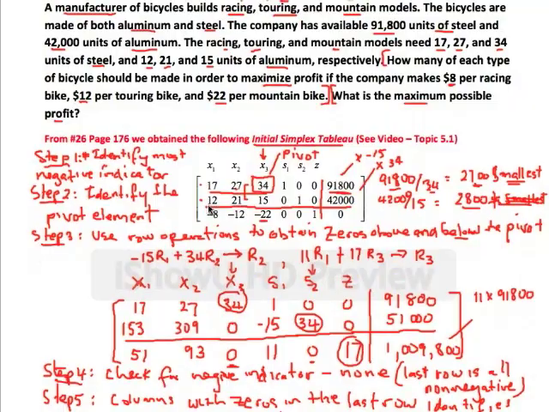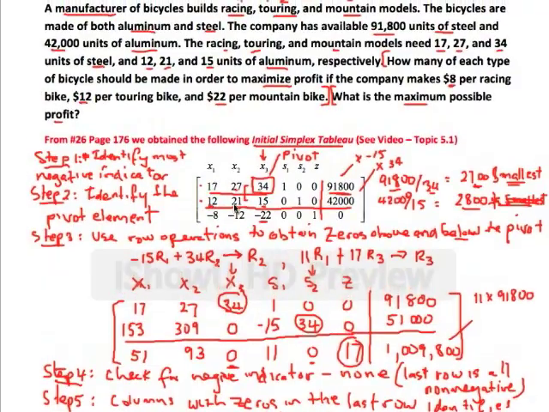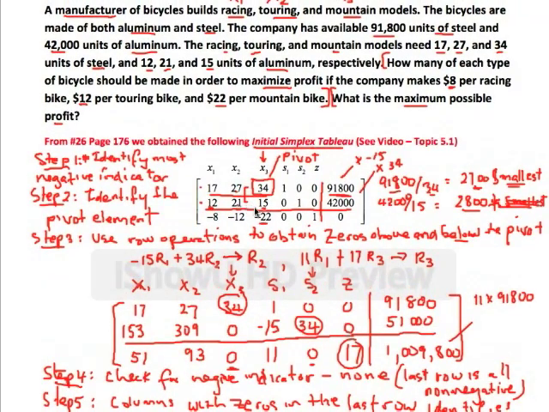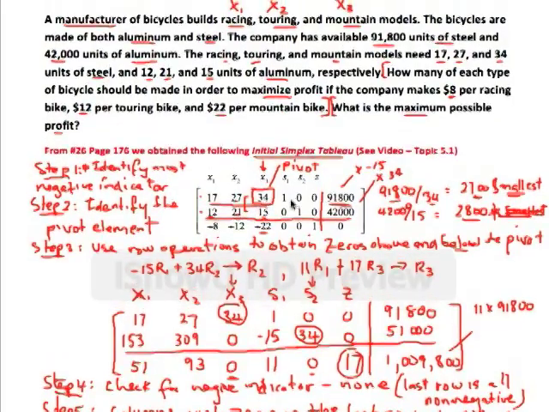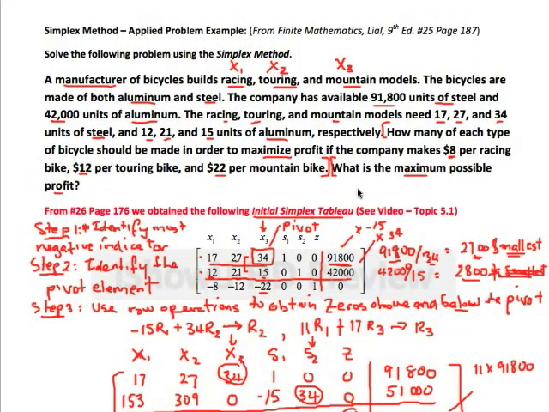Notice that if I put it into this constraint here, you'll find that 0 plus 12 times 0 plus 21 times 0 plus 15 times 2,700 actually produces 40,500. So let me put a little note up here: 15 times 2,700 gives me 40,500, and this is the units of aluminum that would be used in producing those mountain bikes.